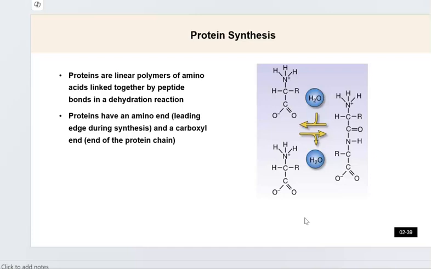When the carboxylic group of one amino acid is bound to the amino group of the neighboring amino acid, a hydroxyl group and a proton are released in the form of water in a dehydration reaction.